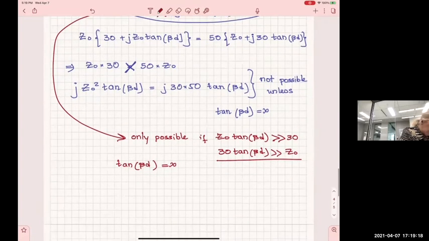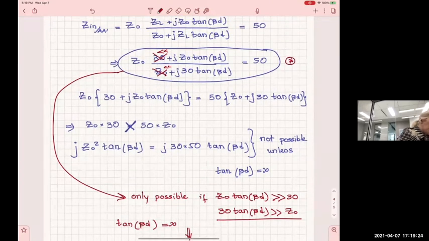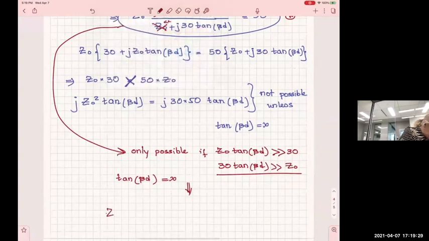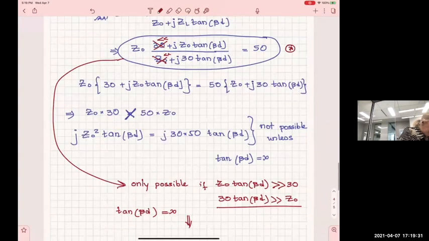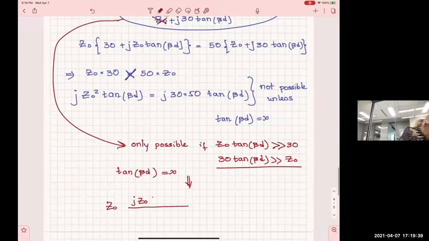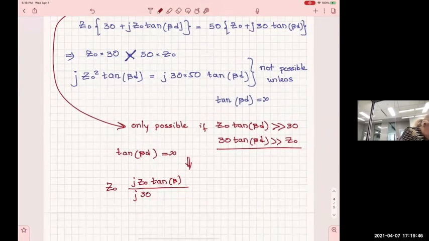So under these conditions, this one here becomes, I'll use red to see, Z naught, j Z naught tangent of beta d over j Z L tangent of beta d equals 50.